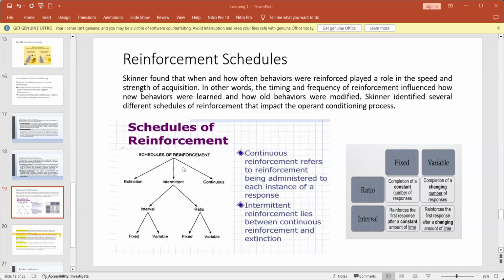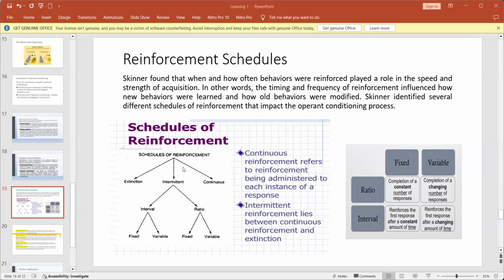That means once the good behavior is established, as it is not practical to reward the child each and every time, the teacher moves on to partial reinforcement schedules. There are four types: interval and ratio, each divided into fixed and variable.